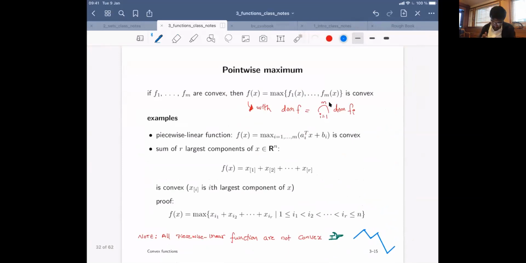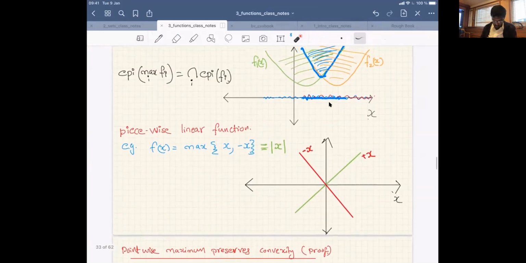Some examples: piecewise linear function. If we have a piecewise linear function of this form, the max of different affine functions, then it is convex. Let's see one example. I am defining a piecewise linear function of x, which is the max of x and minus x. This is the graph of x, and this is minus x. When you take the max, you will get this, which is basically our absolute value function.